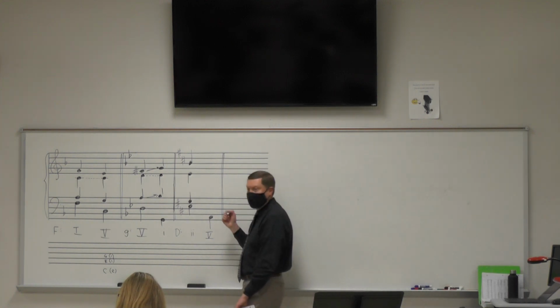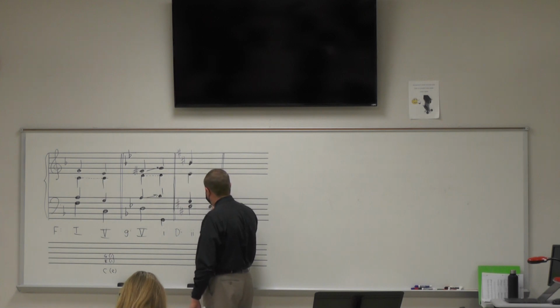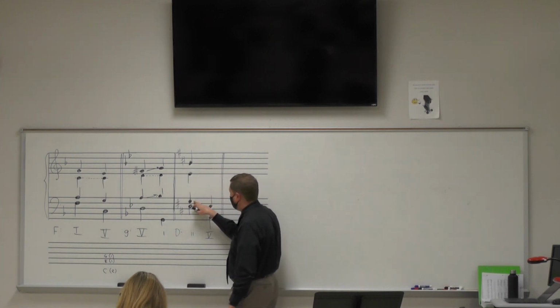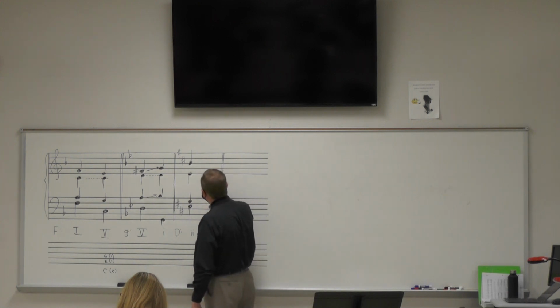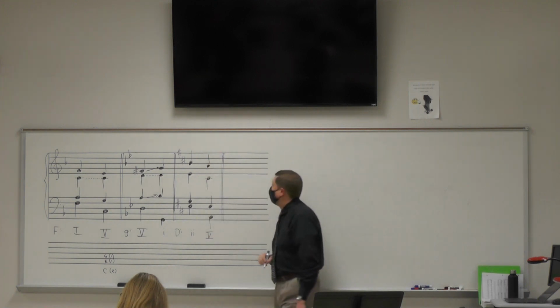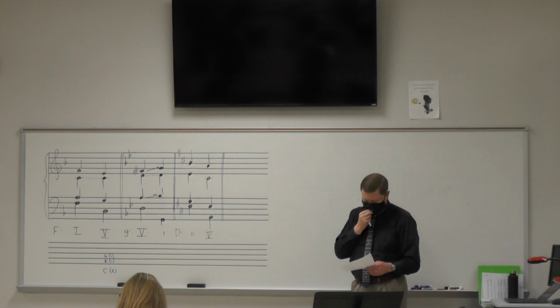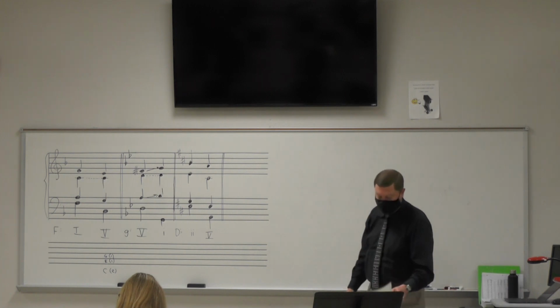In this case, I'm going to take them all down. The tenor is going to go from G down to E. That's only a small leap of a third. The E is going to go down to C sharp, so that's only the leap of a third. And the top voice is going to go down by a step, it turns out. And that would be perfectly acceptable as well.